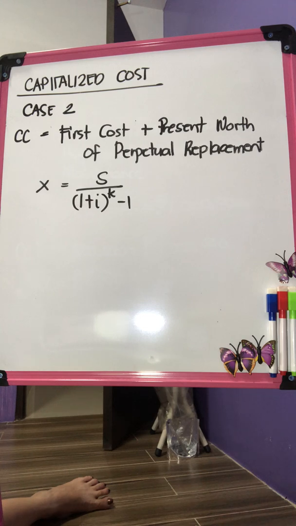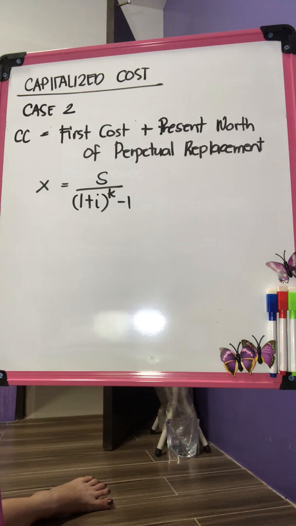So, kung 100,000 yung kanyang price, tapos ang salvage value natin is 20,000, ibig sabihin, kapag ni-replace mo siya, halimbawa, same yung supplier na kukuhanan mo, 20,000 na lang yung magiging worth nung machine after nung kanyang useful life, which is 10 years.